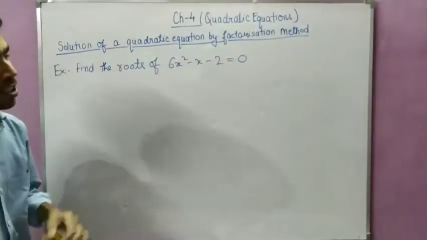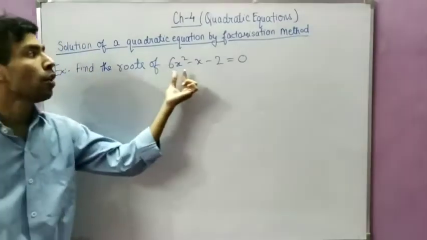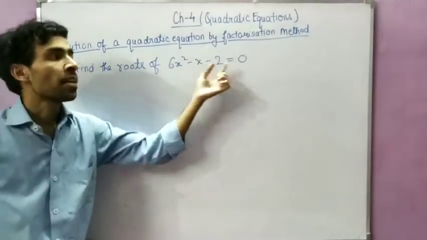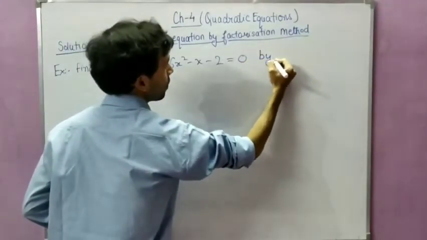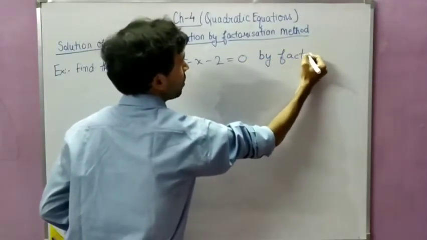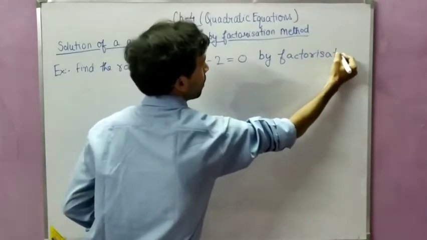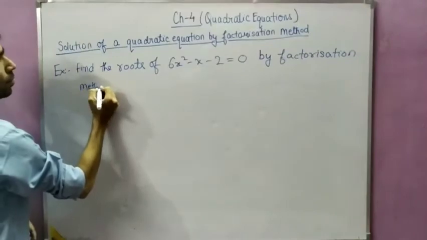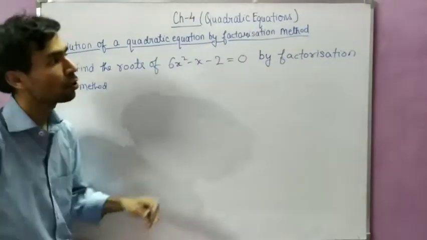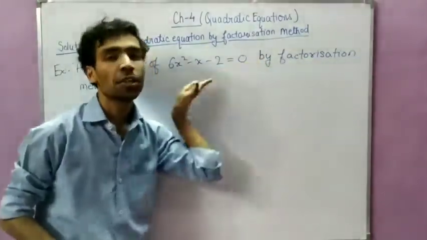Now students, see, this is a question. Find the roots of 6x square minus x minus 2 equal to 0, here by factorization method. Okay, because we are studying the factorization method, that's why I have mentioned factorization method.